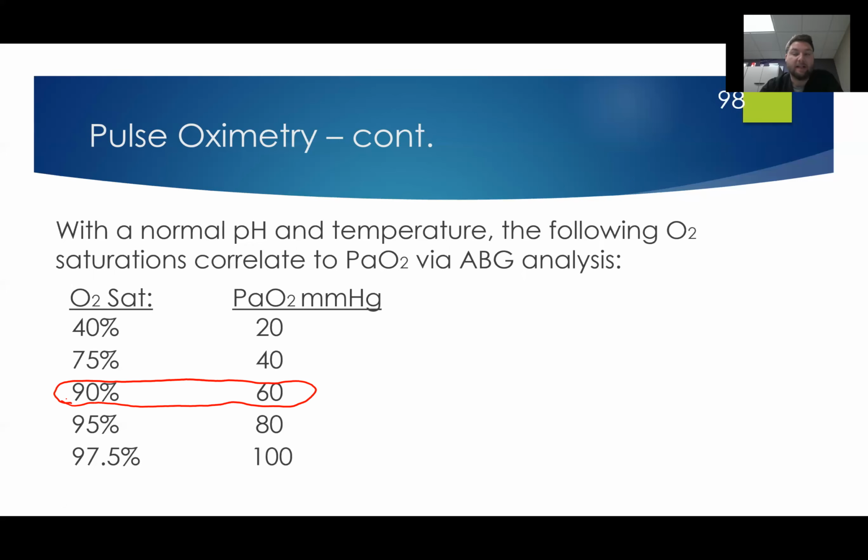Usually if they ask any kind of question on the boards, that's the question they're going to ask. That's because 90 is our minimum acceptable SaO2 or SpO2. And even though on a normal adult, 80 to 100 on the PaO2 is normal, 60 is our minimum acceptable.